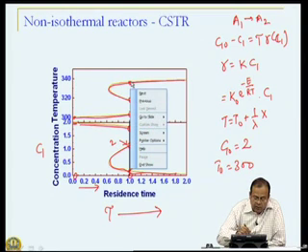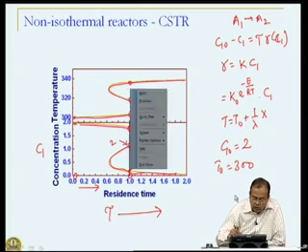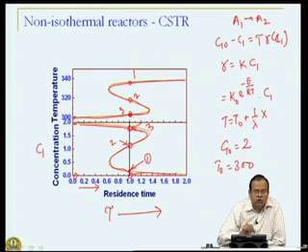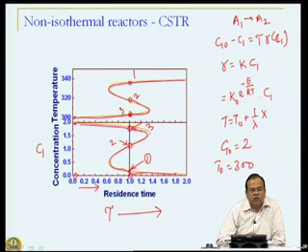Similar behavior can be seen in the case of temperature also. So, concentration difference is very high at number 1, that means conversion is very high. So, temperature is also significantly different than the inlet temperature.